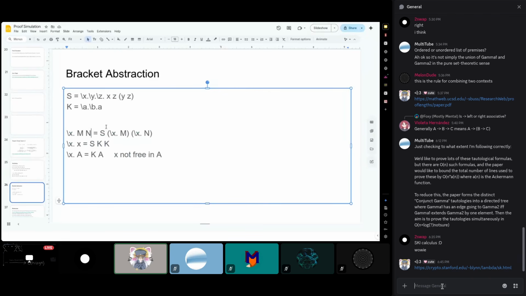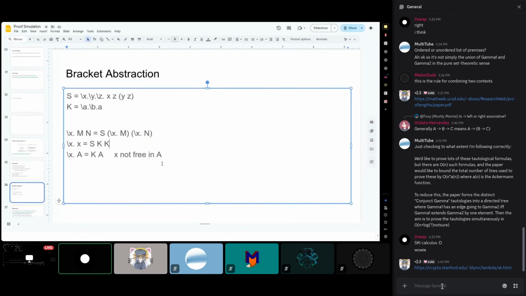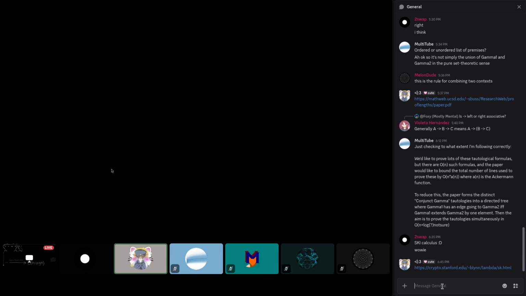All right. So I claim that this is a big O of n squared algorithm, if you just implement it as written. I don't see why. It looks linear to me. It does look linear.